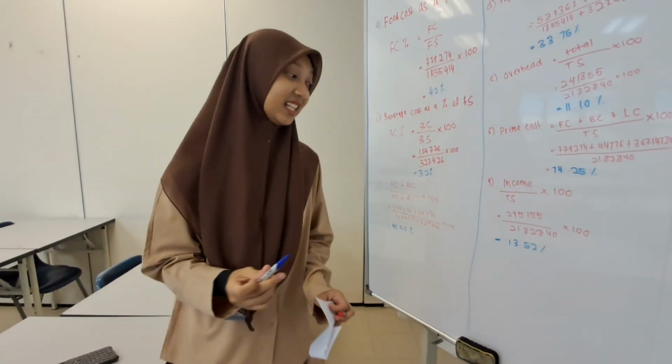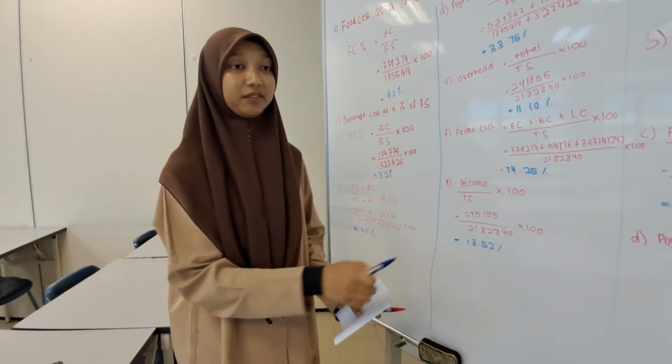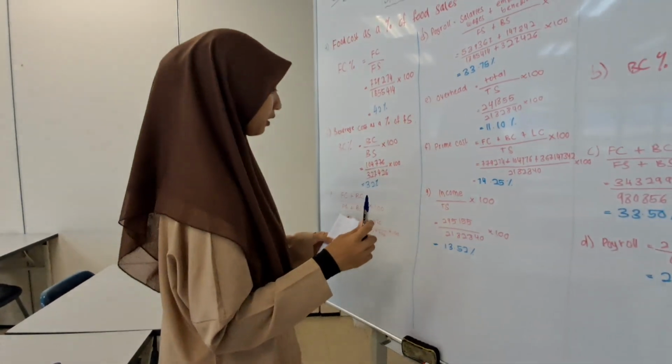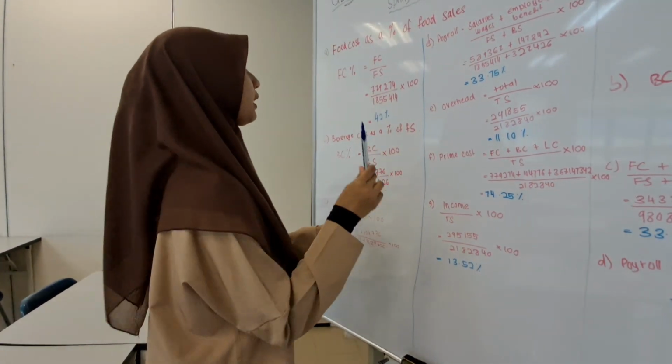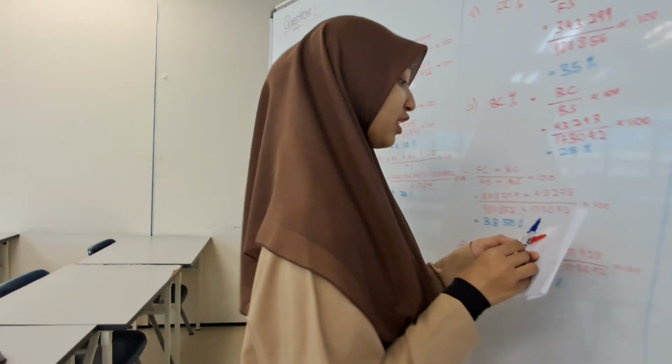We get the answer is 13.52 percentage of profit for Springburn restaurant.